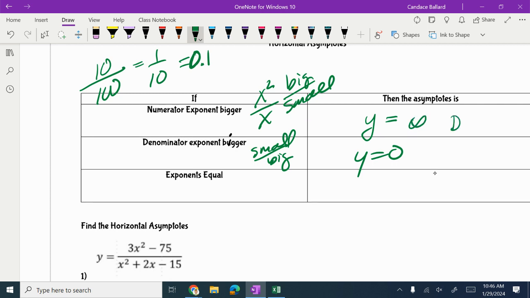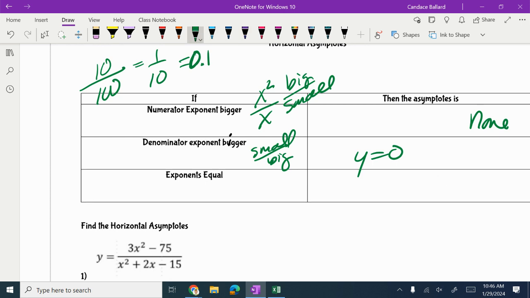I think we call it none. So you're not going to have a horizontal asymptote if your numerator is bigger. I'm going to double check that in a minute. And if my exponents are equal, this is actually a little calculus thing. We do it in a different way next year.